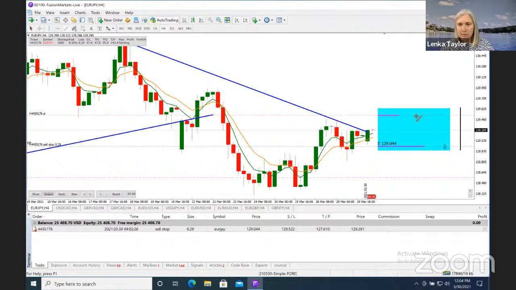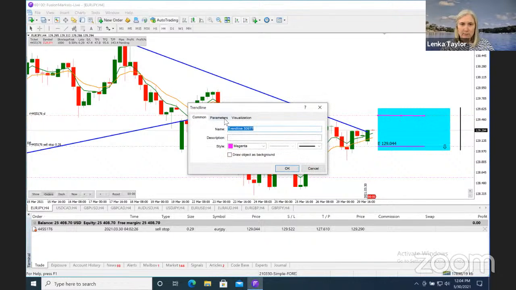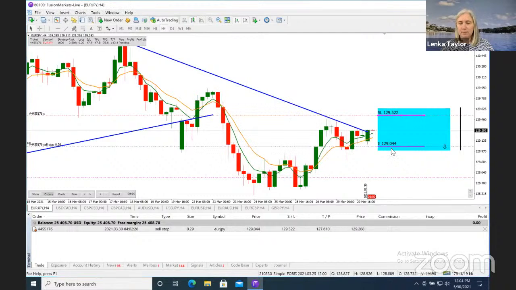Stop loss will be there. So that's at 129.522. Okay, stop loss.